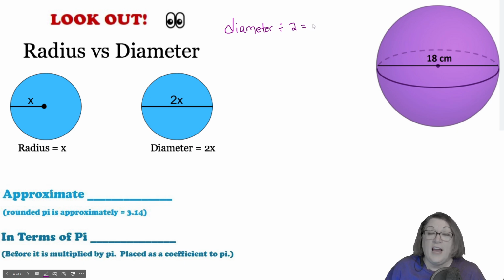Just like we divided the sphere volume by 2 to get half of the sphere volume for the hemisphere, we're dividing the diameter by 2 to get the radius, because the radius is exactly half of the diameter. So if my diameter is 18 and I divide that by 2, that means my radius is going to be 9.